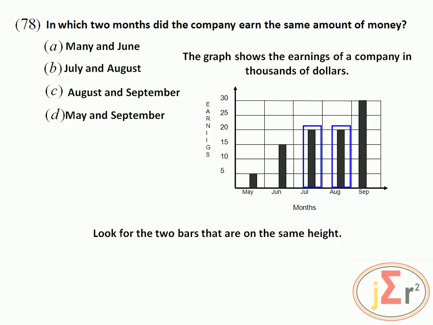So let us put, see, they are on the same height and we have them highlighted. So we have no problem. Look for the 2 bars that are on the same height. Those will represent, what is the answer?